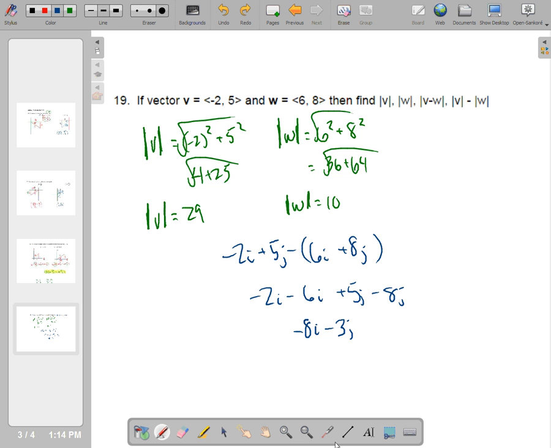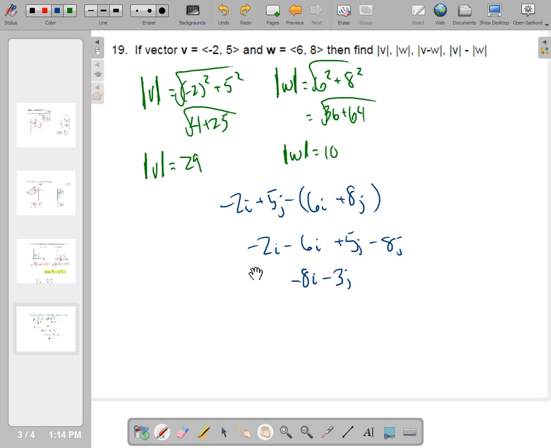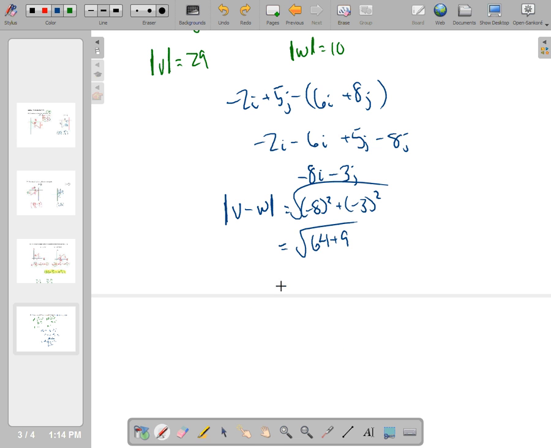So now I have, in terms of i and j, my two sides. I need to find the absolute value of v minus w. So I need to do negative 8 squared plus negative 3 squared and square root it. So this would be the square root of 64 plus 9, which is the square root of 73. So the absolute value of v minus w is the square root of 73.